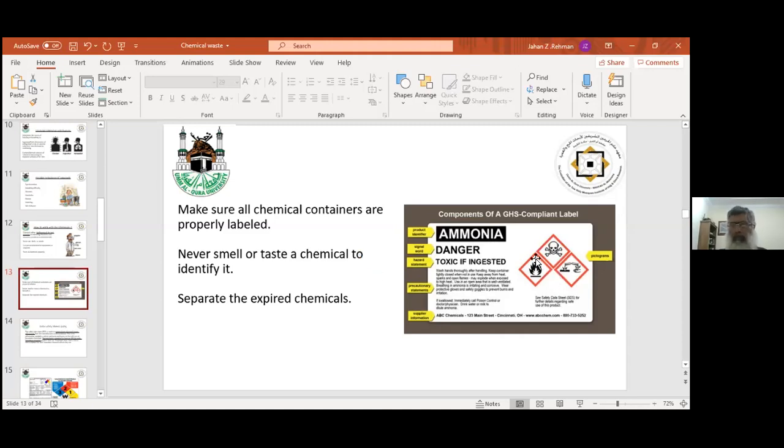For example, here we have 3 signs. One is corrosive, the other is toxic, the third one is flammable. So by this picture, at first glance, we come to know that ammonia is corrosive in nature, ammonia is toxic in nature, and ammonia is flammable.